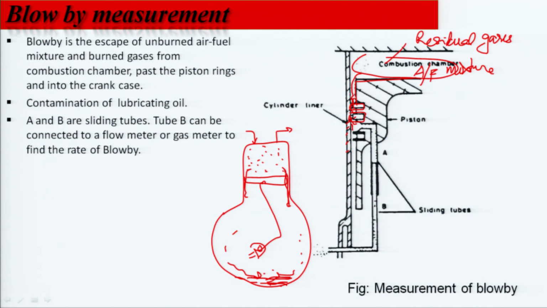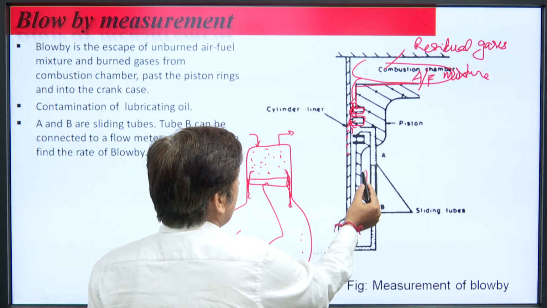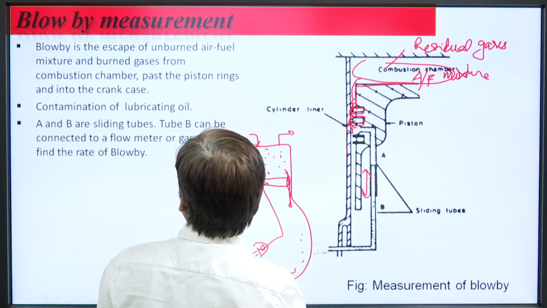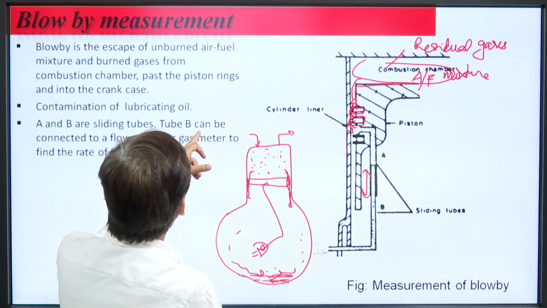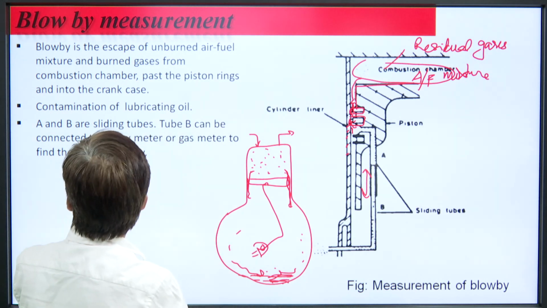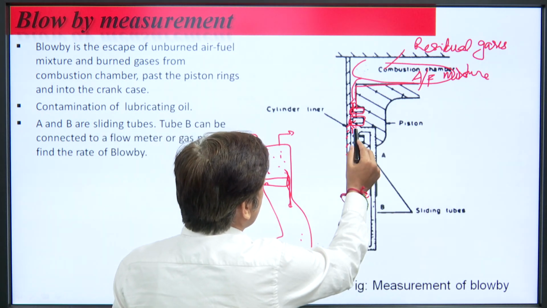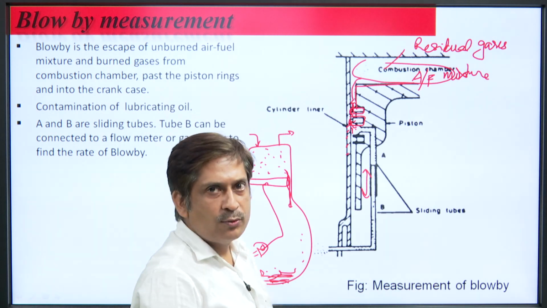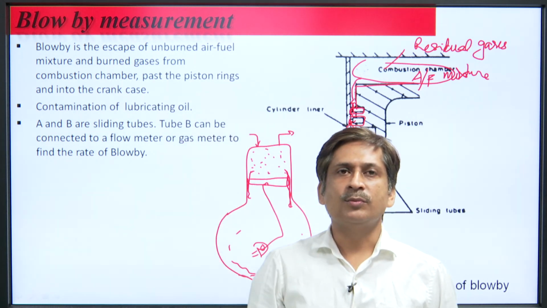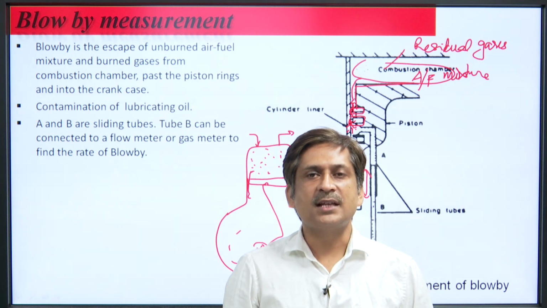Here, A and B are sliding tube types. Tube B can be connected to a flow meter or gas meter to find the rate of blow by. So, with the help of it we can measure how much is leaving the combustion chamber. Blow by is not desirable in case of SI or CI engines.